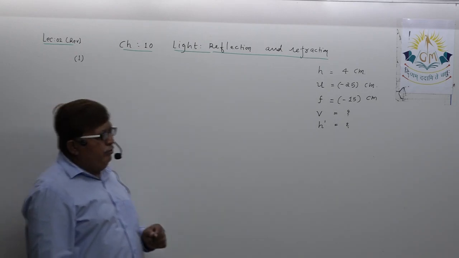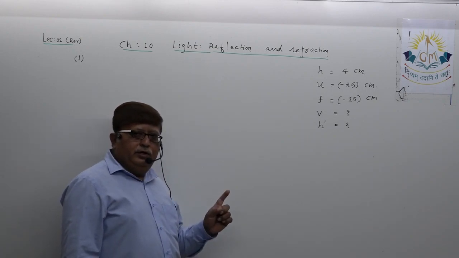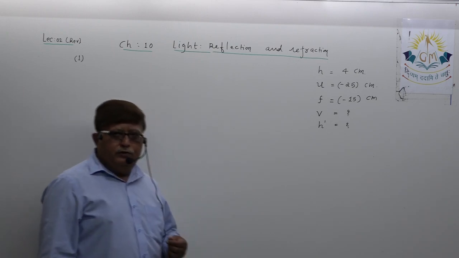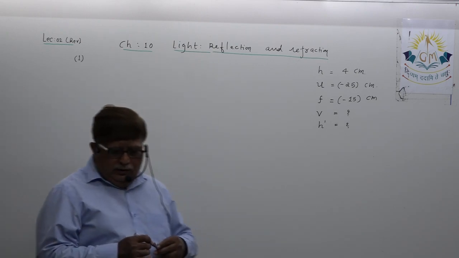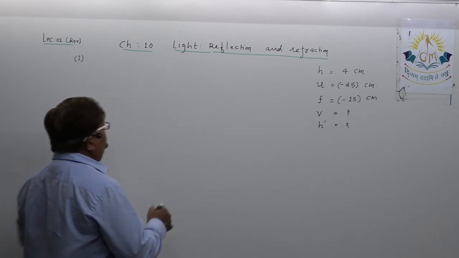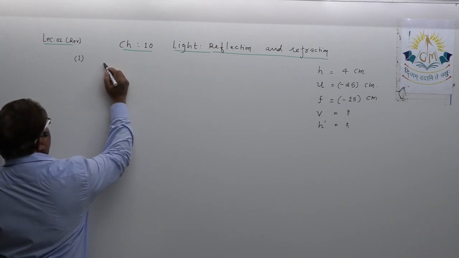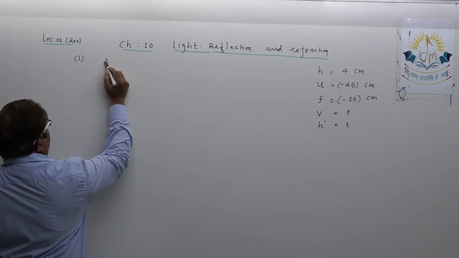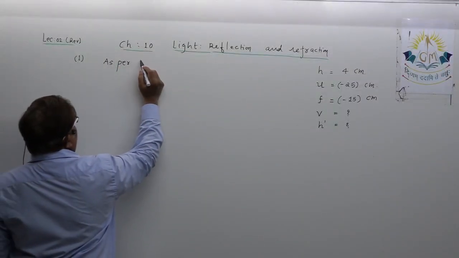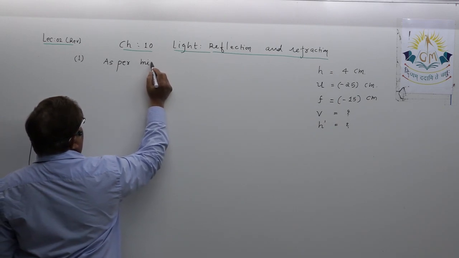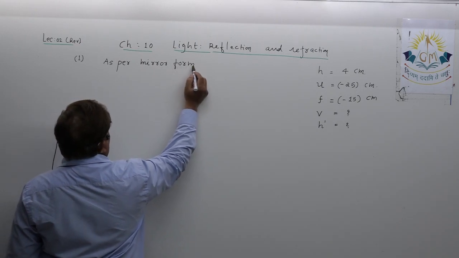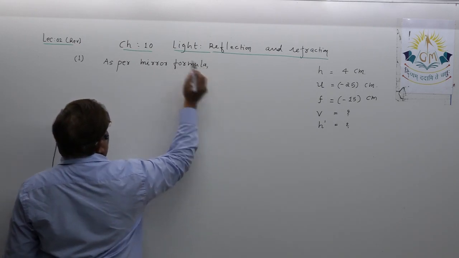So this is the given data as per the first example in your PDF, dear student. Now when you solve any example in the exam, you have to compulsorily mention this particular phrase: as per mirror formula.